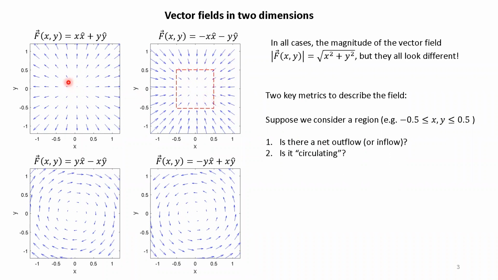On the other hand, for this one, you tell me that the air is flowing out. That's what we physically mean by outflow or inflow. The other question we'll ask is whether it's circulating, like this one or this one.